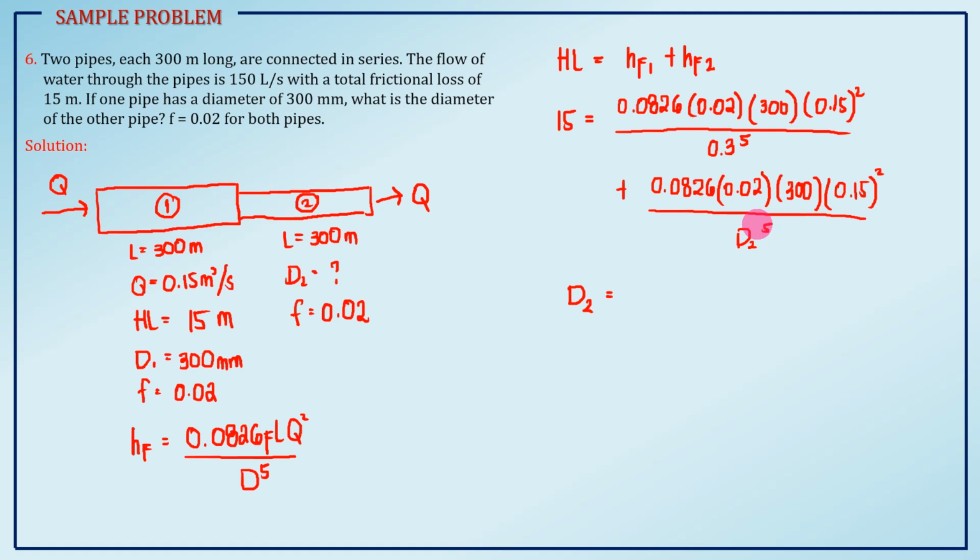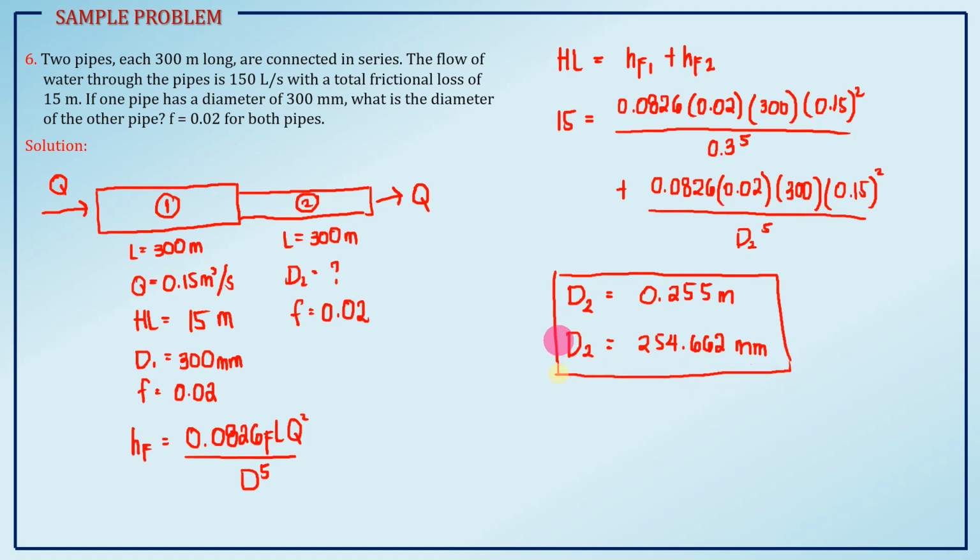Pero if hindi, pwede naman isolve by shift solve kaso matagal. Okay? So, solving for the diameter, it is equal to 0.255 meters. In millimeters, kasi yung diameters natin, mapapansin nyo always in millimeters siya. So, it is equal to 254.662 millimeters. So, these are the answers for the diameter.